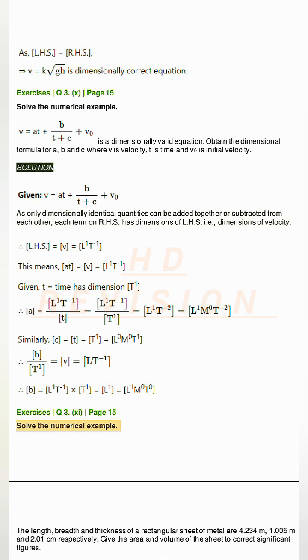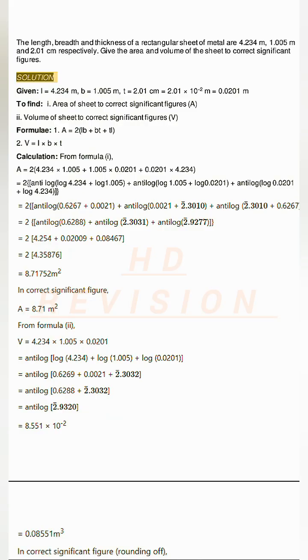Exercises Q3. XI, page 15. Solve the numerical example. The length, breadth and thickness of a rectangular sheet of metal are 4.234 meters, 1.005 meters and 2.01 centimeters respectively. Give the area and volume of the sheet to correct significant figures. Solution.